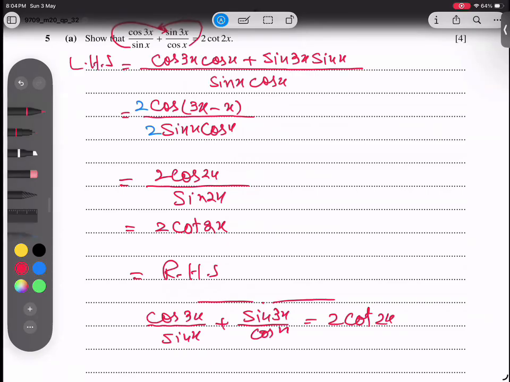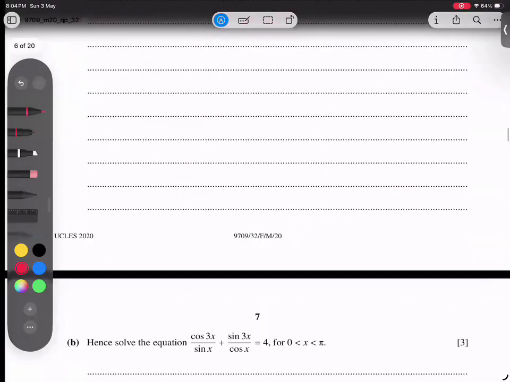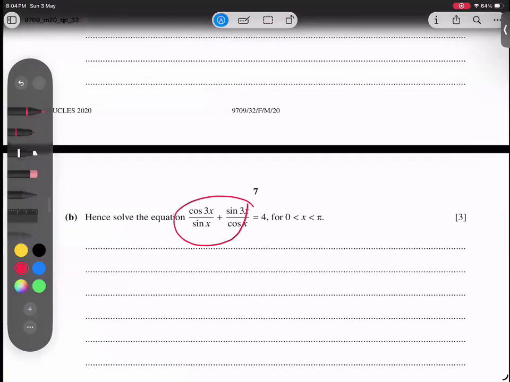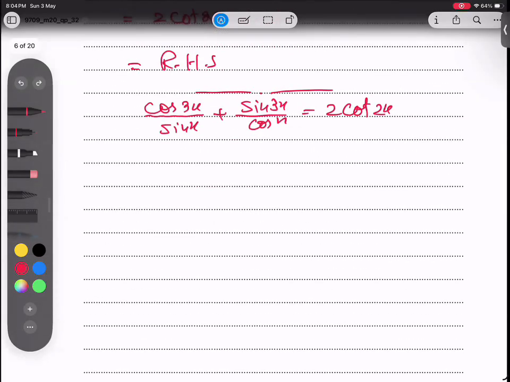We have done this already. So students, now if I compare with this equation, see, the left hand side fully matches. Yes, completely matches. So can I remove it and write 4 here, or this 2 cot double x?